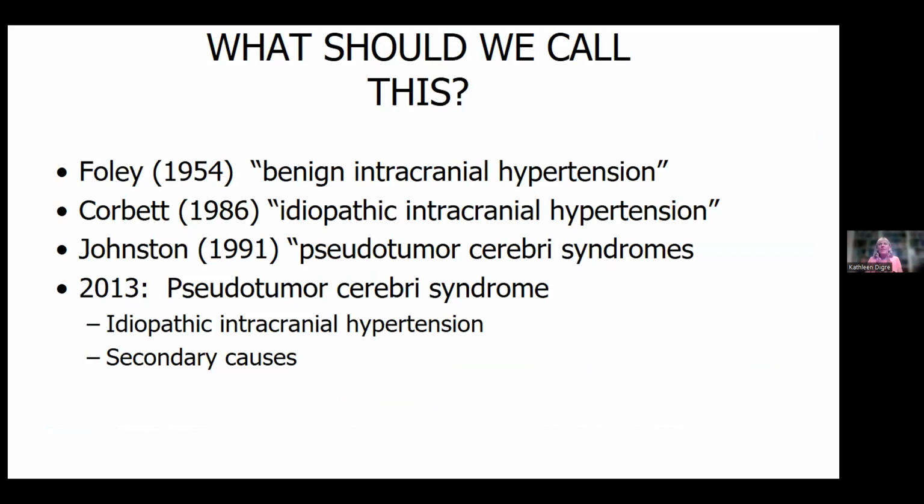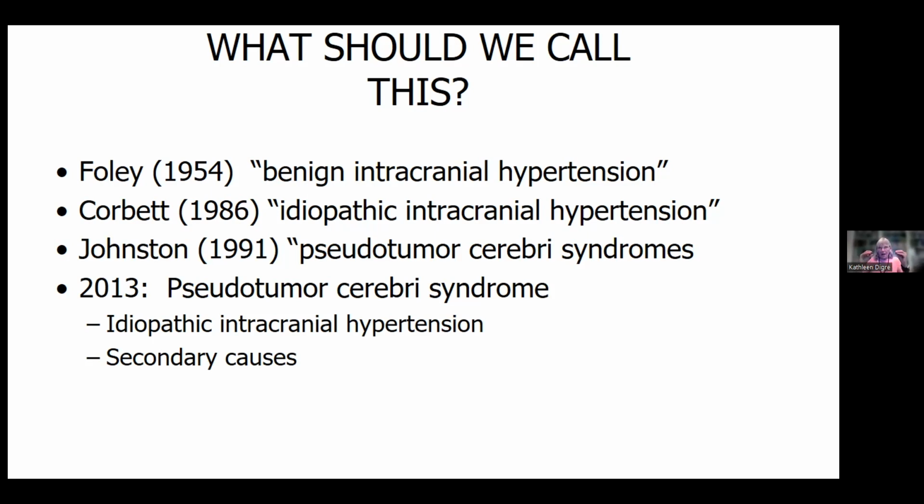But there are syndromes that look just exactly like this. We call them pseudotumor cerebri syndrome. So it looks like a tumor in the brain, but you go and do an imaging and there's no tumor there. And so there are basically kind of two flavors of pseudotumor cerebri syndrome.